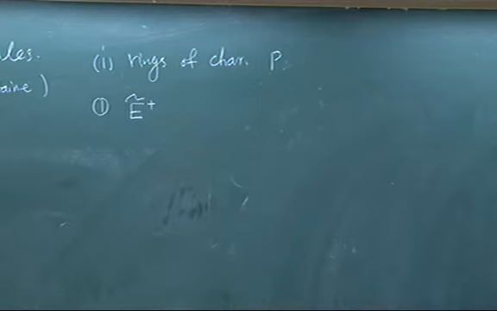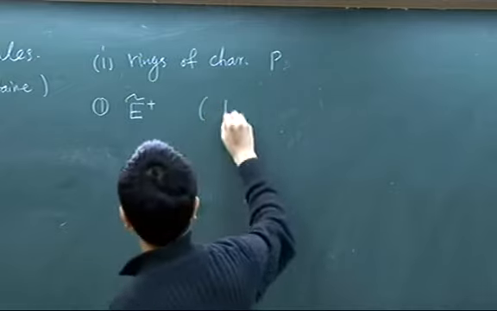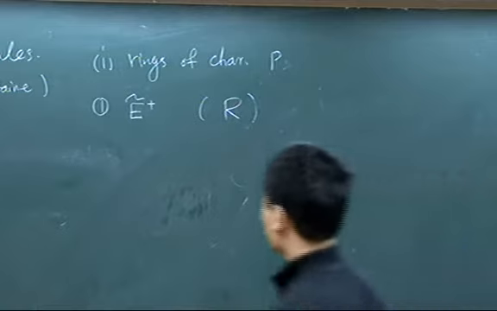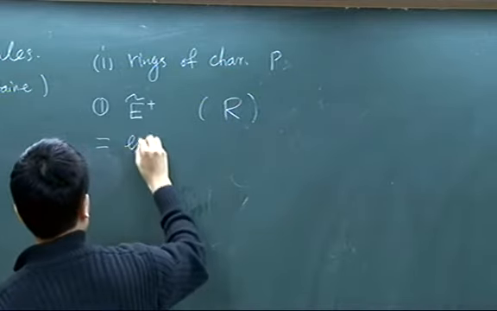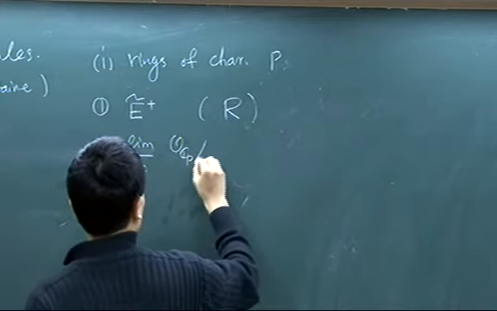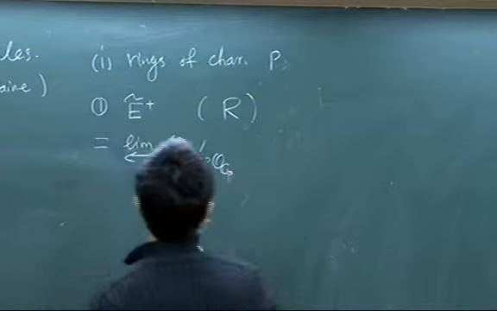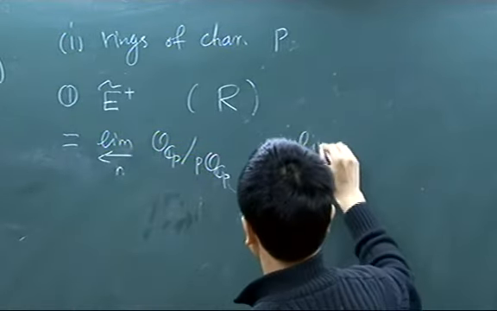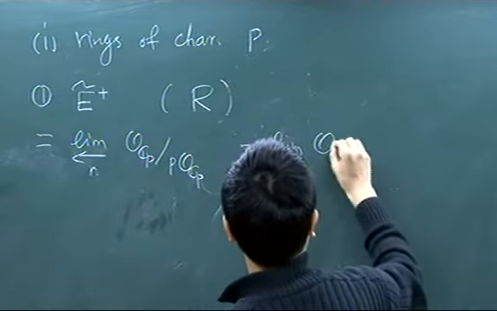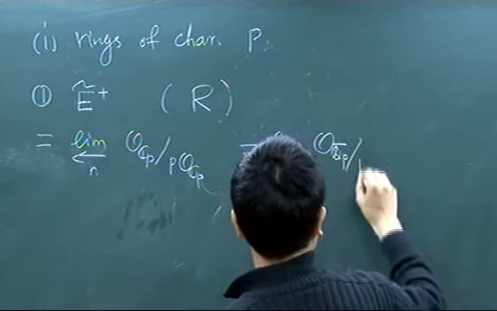But when Fontaine was first developing this story, he didn't have a unified picture, so he usually writes this as R. What is this? This is just the projective limit of O_{C_p} over pO_{C_p}, or you can say it's also the projective limit of O_{Q_p bar} over pO_{Q_p bar}.